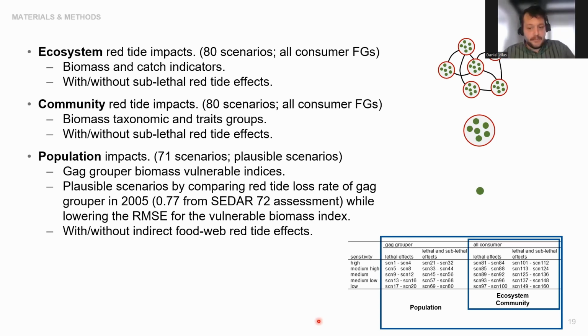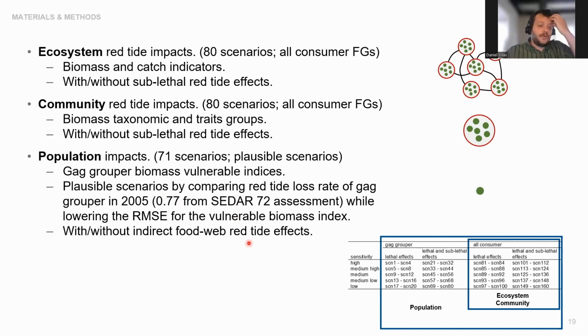Then the population impacts were based on the gag grouper population and were filtered in terms of the red tide loss in 2005 that was estimated at 0.77 in the last gag grouper assessment, and also lowering the root mean square error, trying to decrease the difference between the observations and the predictions.